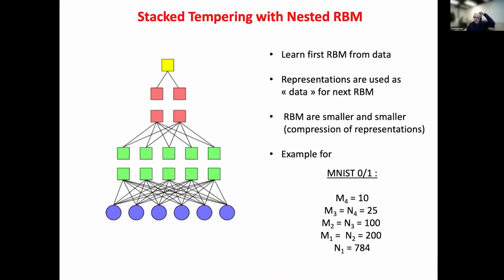So we use this idea to introduce another technique, which is kind of parallel tempering but specific to restricted Boltzmann machines, which we call stack tempering, a very simple idea. If you run your data through one RBM, you are in dimension n, you learn a representation in dimension m.